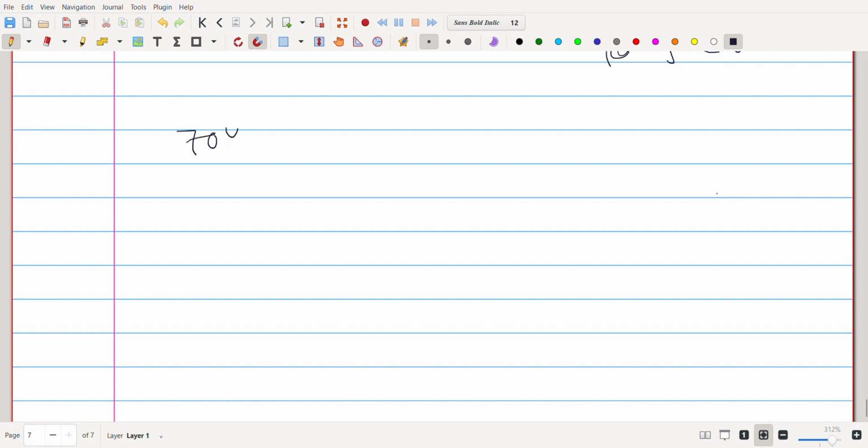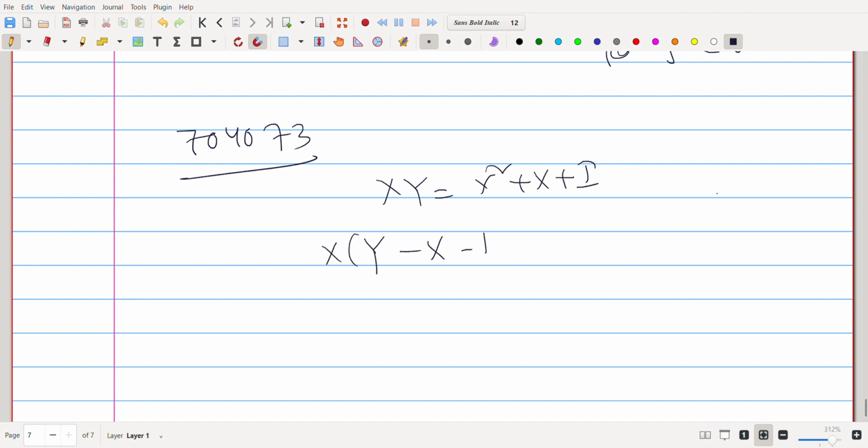The next problem is ID number 704073. X, y are two n by n real matrices such that xy equals x square plus x plus identity. So clearly x times (y minus x minus identity) equals identity.